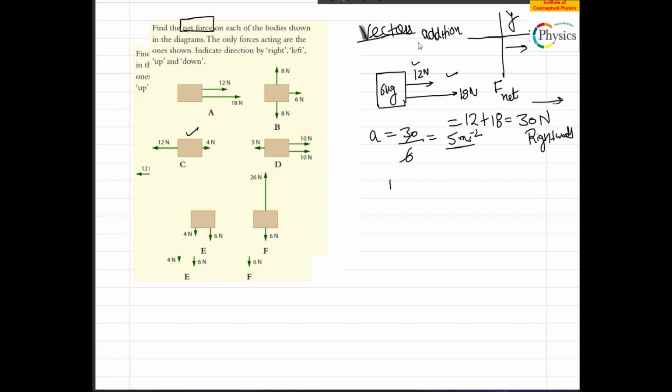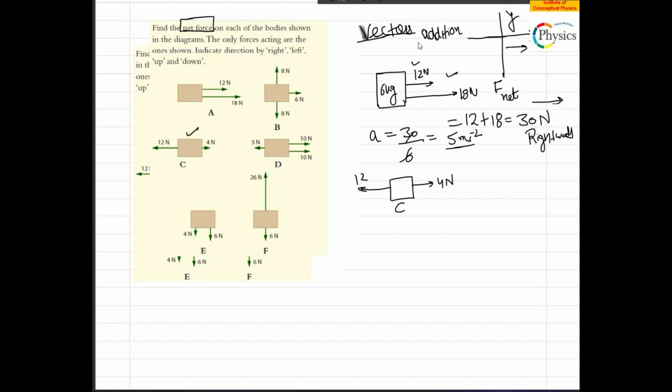Let's come to the problem number C. Okay, if you see the problem number C, whatever is going to happen to this block C is going to be because of two forces, 12 newtons and 4 newtons. Okay, now look into the direction. We are doing vector addition, and in vectors the direction is very important.